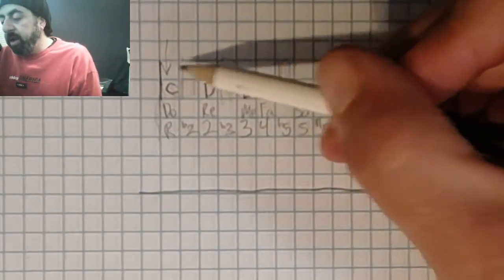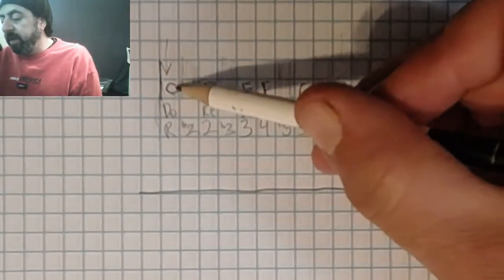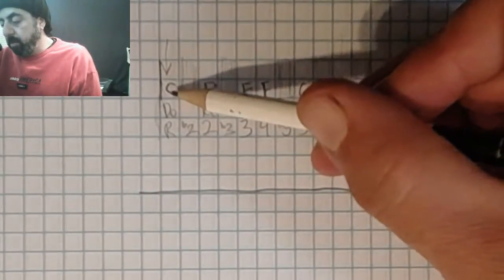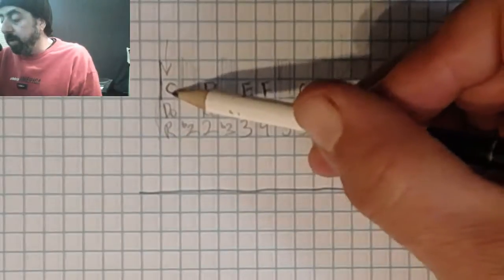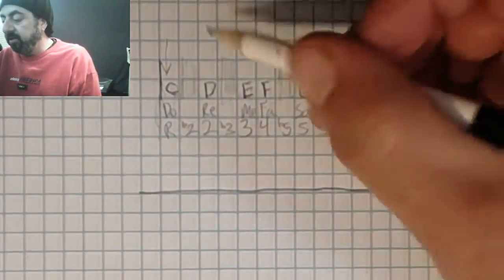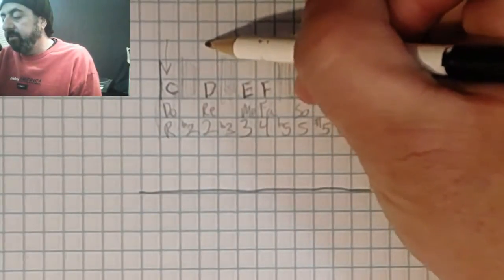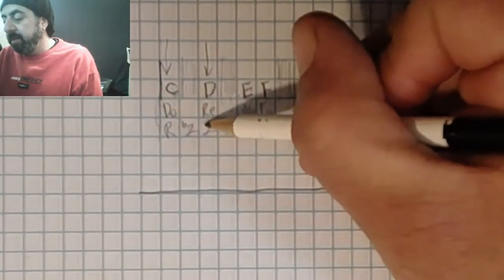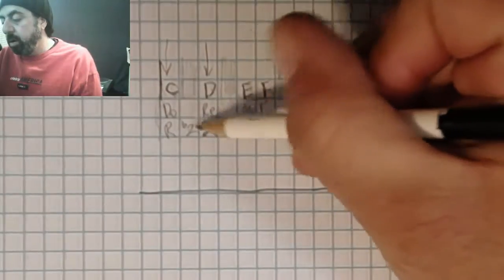Now, here's the thing. You can also, though, instead of emphasizing this note or the chord that comes from this note while you jam in this scale, let's say you decided to instead emphasize this based on the 2 of the scale.